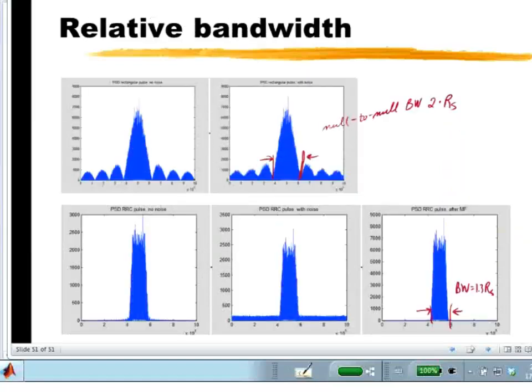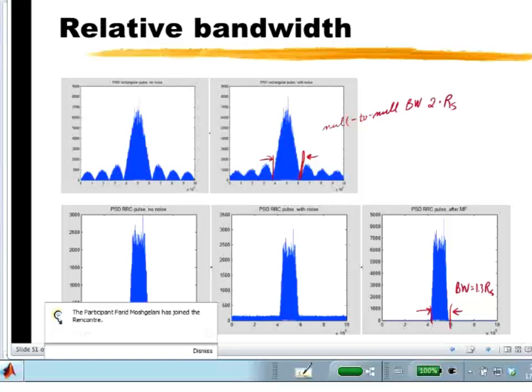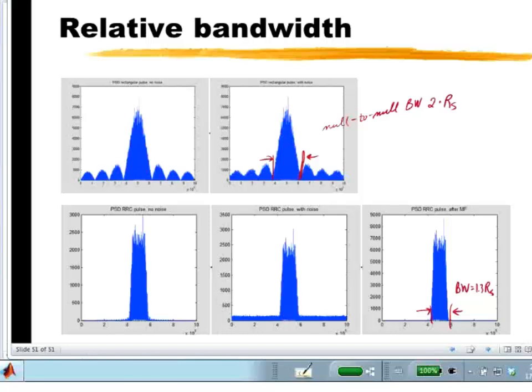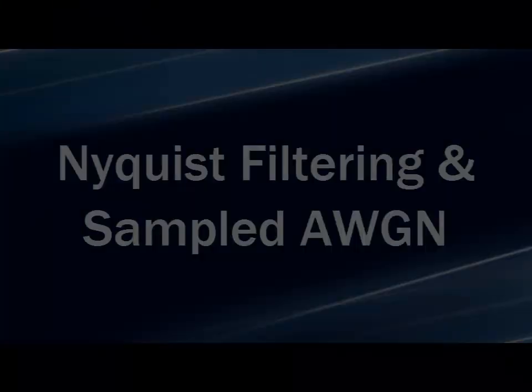You can see the bandwidth is much smaller. In the case of the NRZ pulse, it's 2 times the transmission rate, and in the case of the 30% roll-off factor, it's 1.3. So it's saving you, and that means that there's less noise getting through on your system as well.